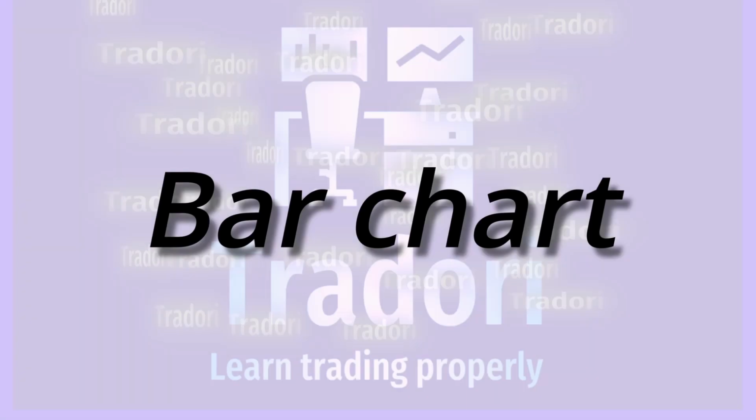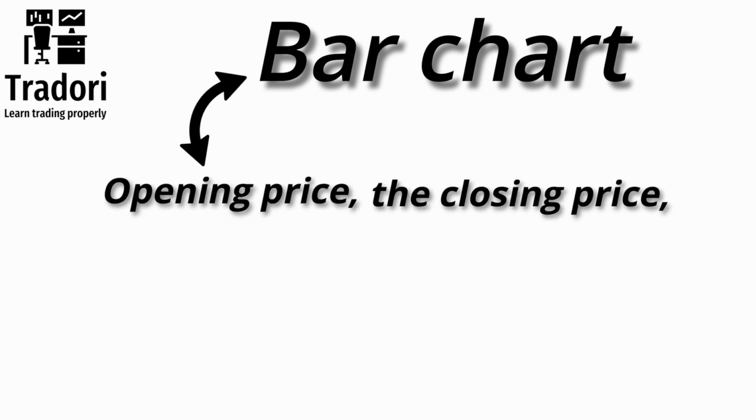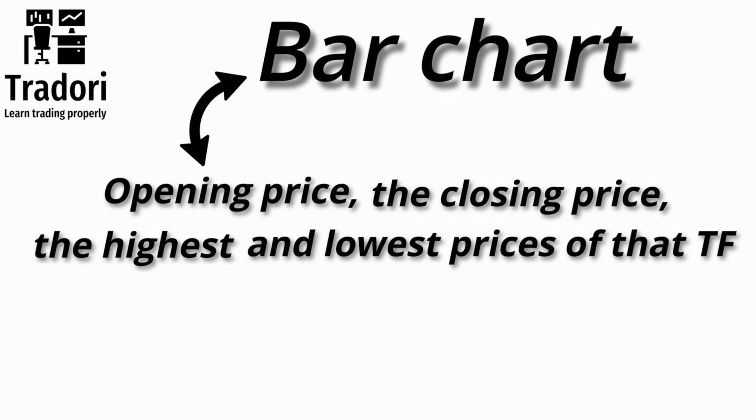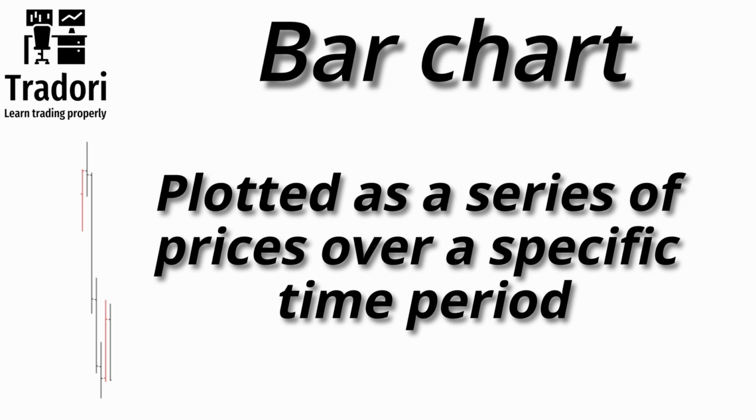Bar chart. A bar chart is a type of chart which displays the opening price, the closing price, and the highest and lowest prices of a stock or other financial instrument, embedded in bars, plotted as a series of prices over a specific time period.